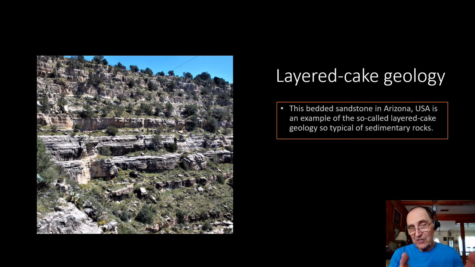Well, this is a great example on this picture here. The sedimentary layers are laid down pretty much in a horizontal position, and superposition tells you that the oldest layer is on the bottom, the youngest layer is going to be on top. This bedded sandstone that is found in Arizona is a classic, beautiful example of what we would refer to as layer cake geology.